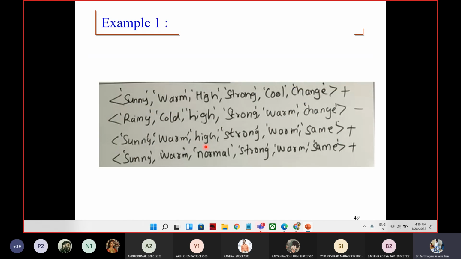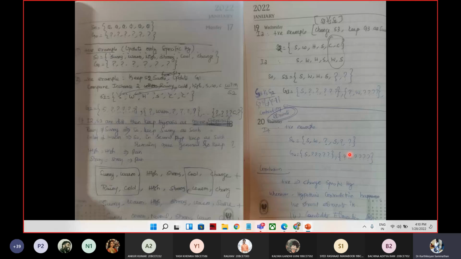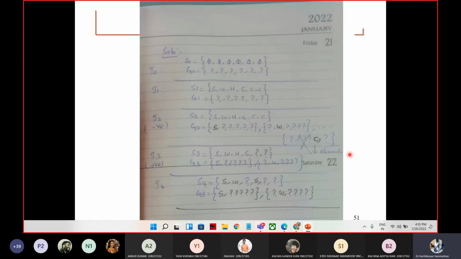Now we'll take on the problem. We take the same problem, but I have changed the order. Sunny, warm, high, strong, cool, and change is your first positive example. The second one is your negative instance. The third instance is positive, and the fourth instance is again positive. I solved the problem here, but let me put it in the final answer sheet so that you will get to know.